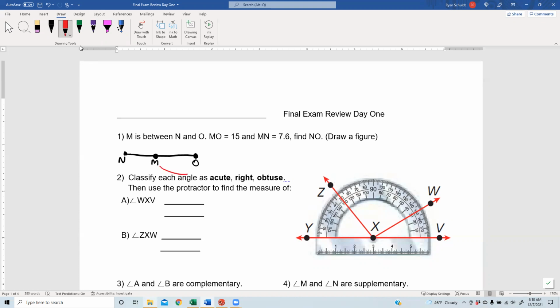So MO is 15. MN is 7.6. Find NO. So I want to get the whole thing.